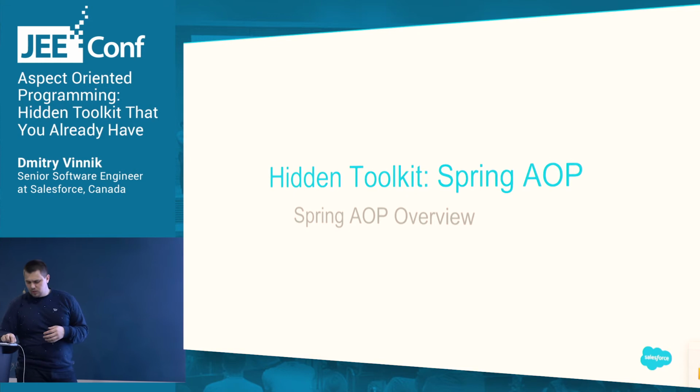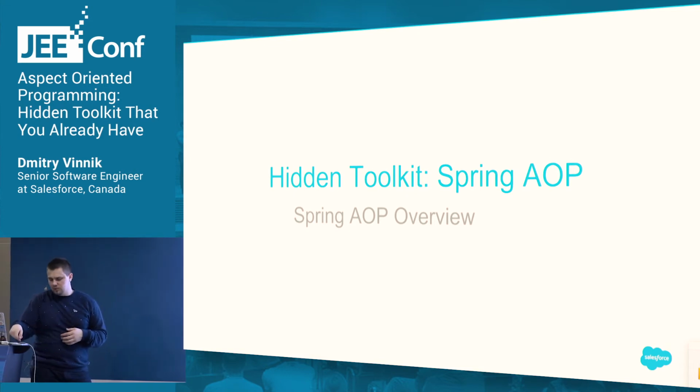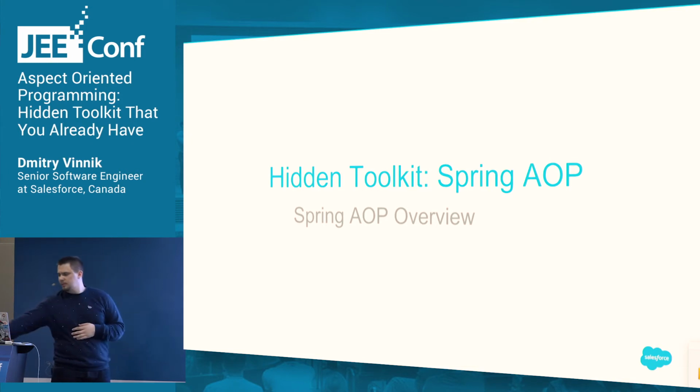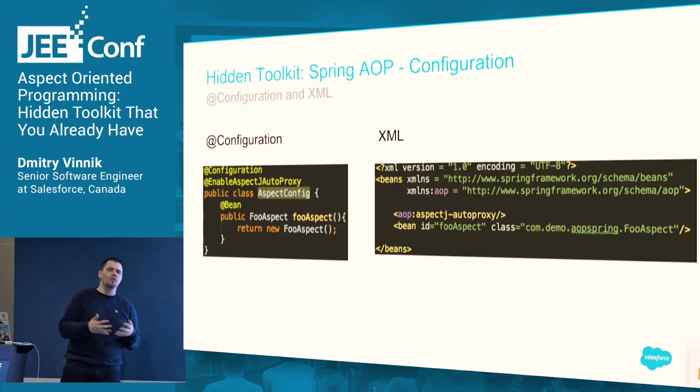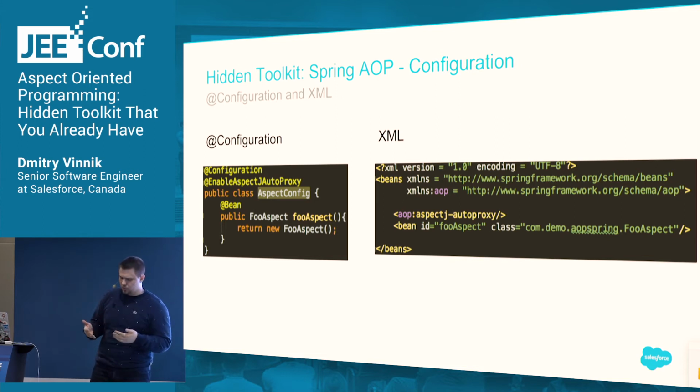Now I'll try to switch to another mainstream application of aspect-oriented programming. It's Spring. So I'll begin with a quick overview. And as always, you start with Spring and its configuration, which might be quite difficult for newbies. There are always two options, right?